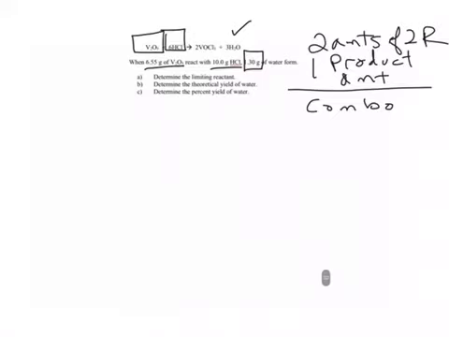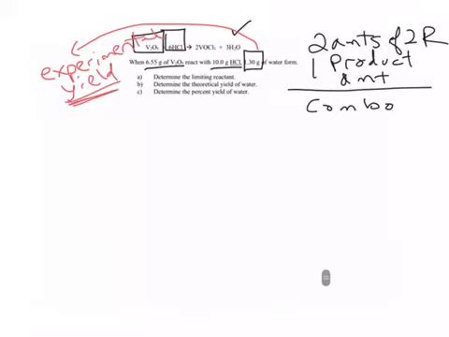The 1.30 grams must be our experimental yield, what somebody made in lab. Whatever value they give you for a product, that means you got it in lab and it's the experimental yield.